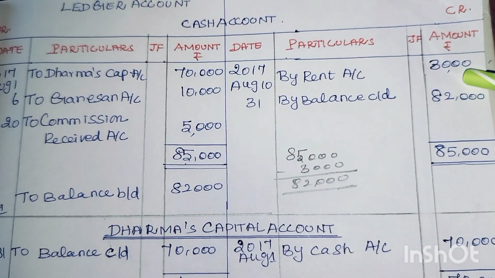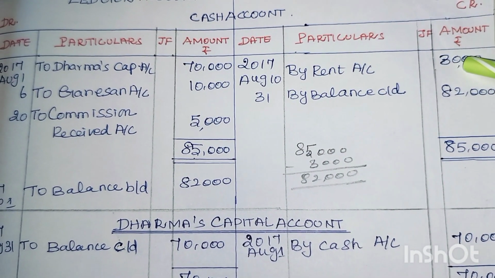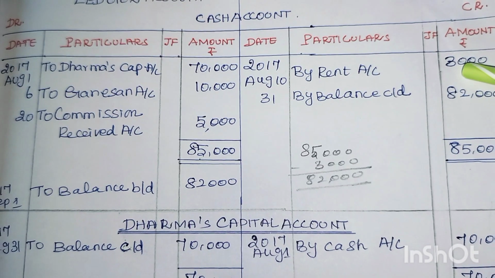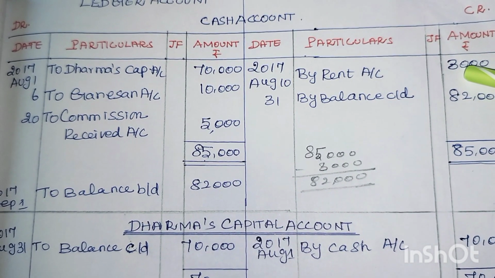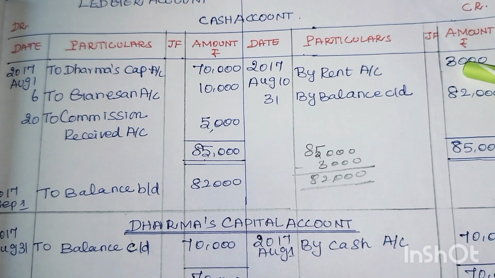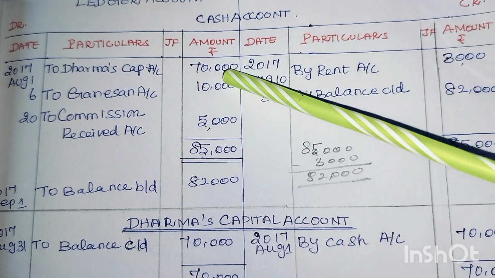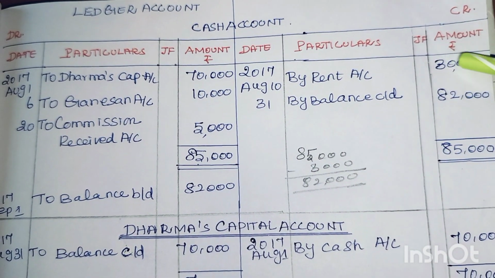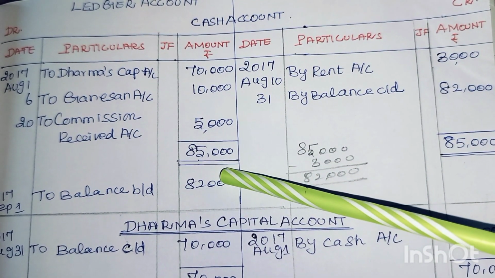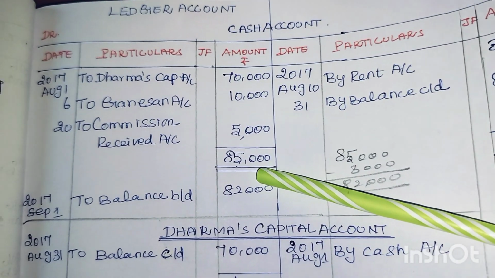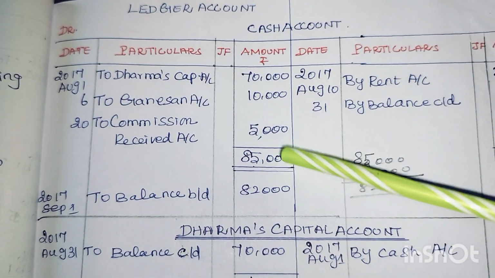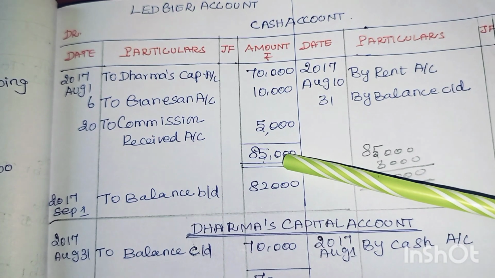Credit side has 3,000, only one transaction appears here. Okay, so which side is higher, 85,000 or 3,000? 85,000 is the higher value. So debit side has the bigger value.